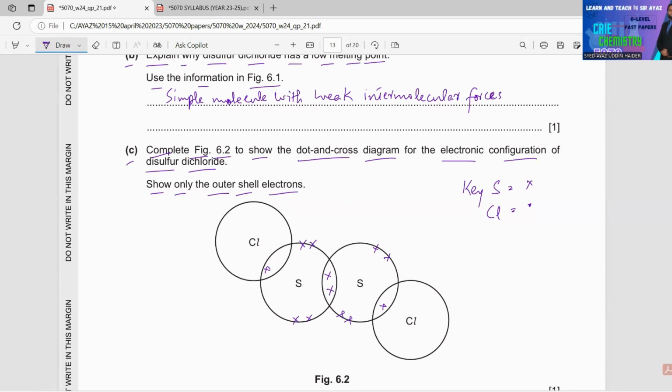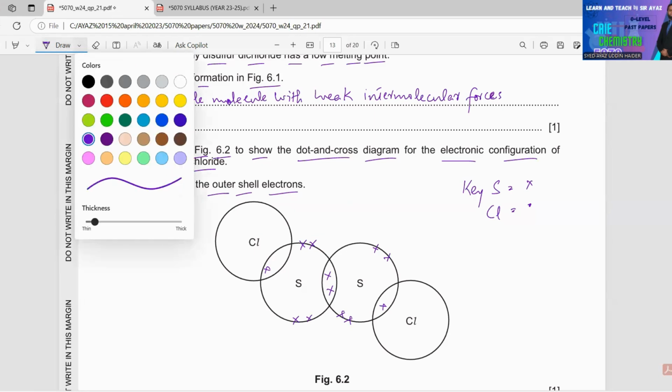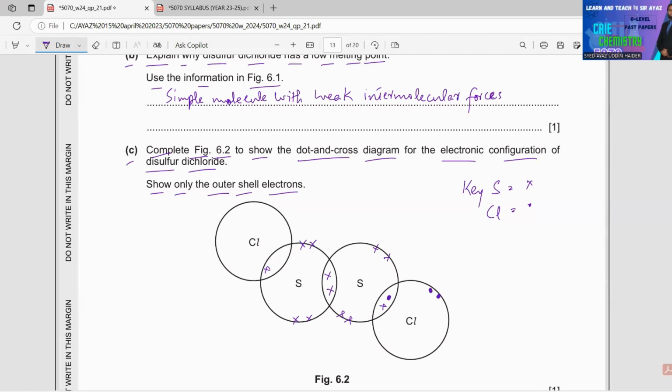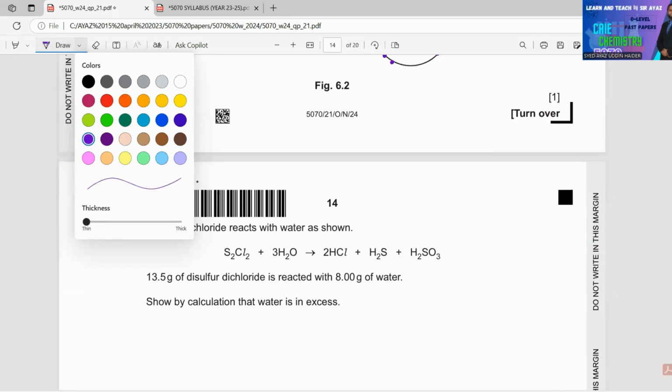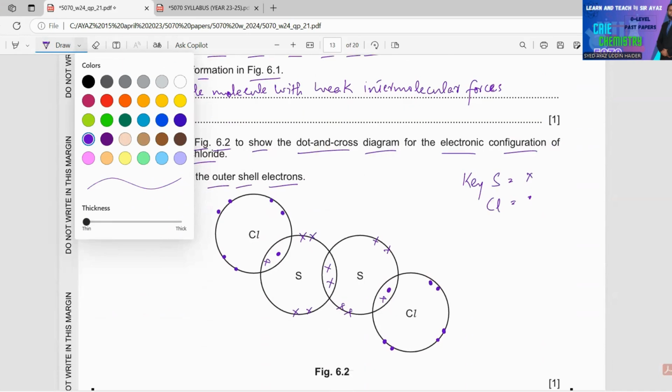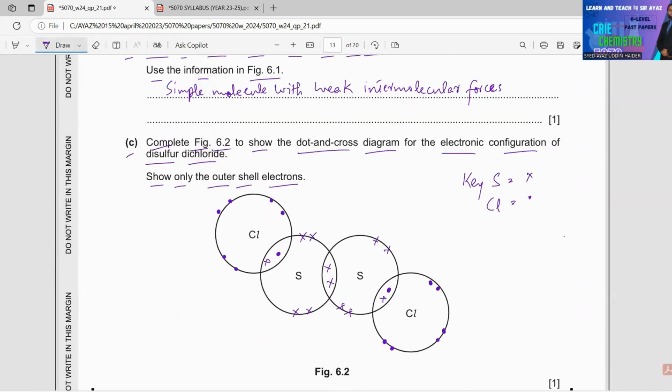So I'm going to show the 7 valence electrons for each chlorine atom. 1, 2, 3, 4, 5, 6, 7. This will be the final dot and cross diagram for disulfur dichloride.